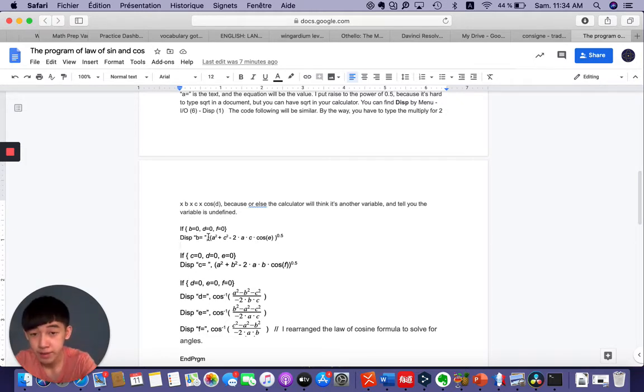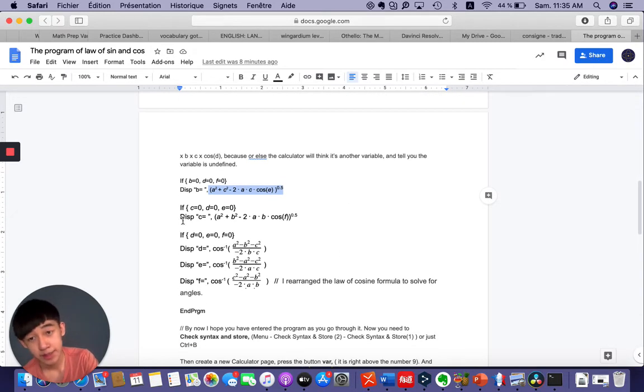They will type it in the calculator, and the calculator will display it, and these are the values that the calculator will display.